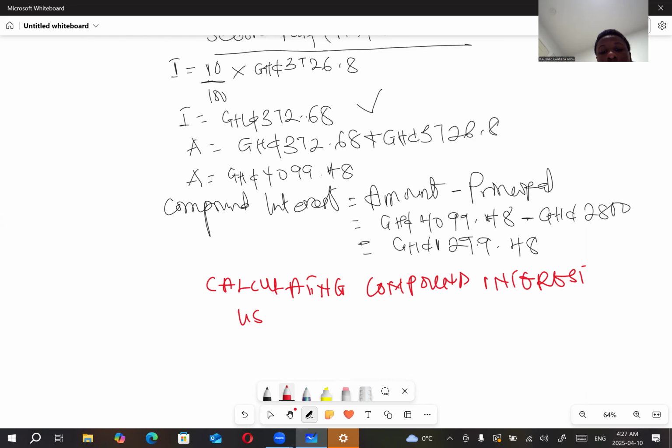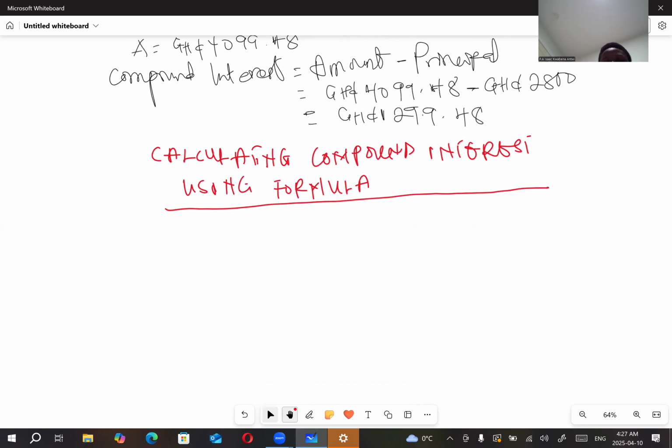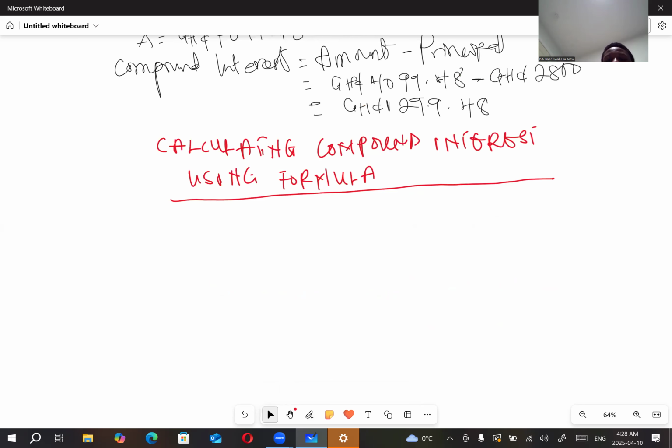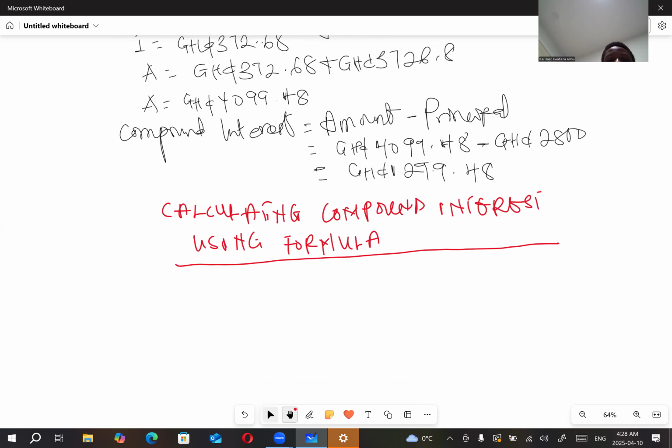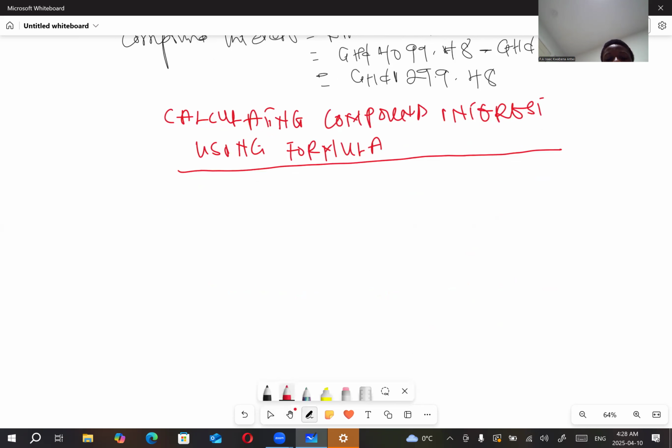So we're gonna learn how to calculate compound interest using formula. Is anybody writing? If you disagree with me, you can just let me know. So we learn how to calculate compound interest using formula.